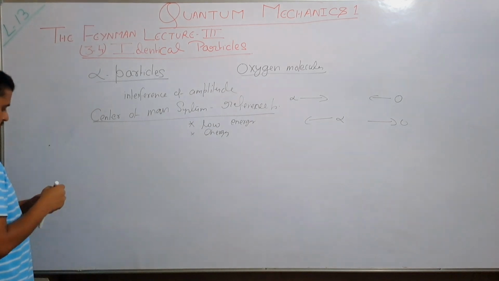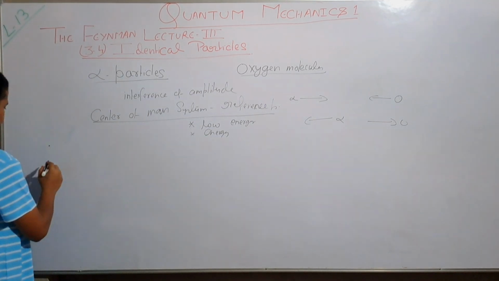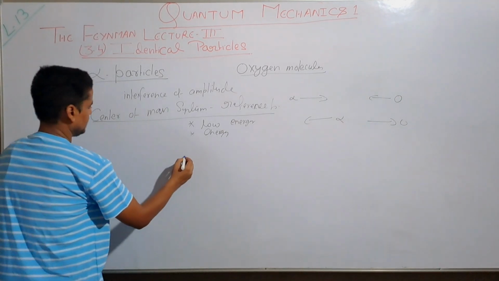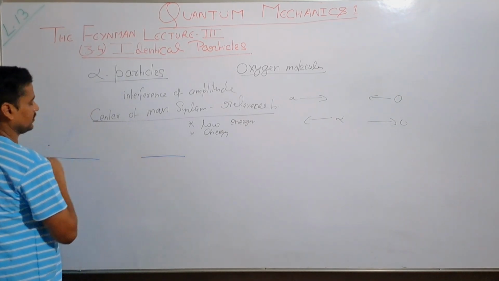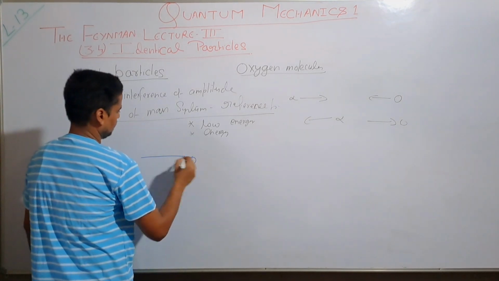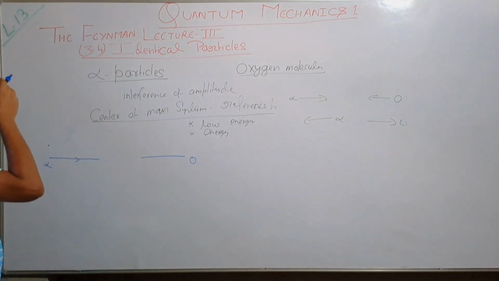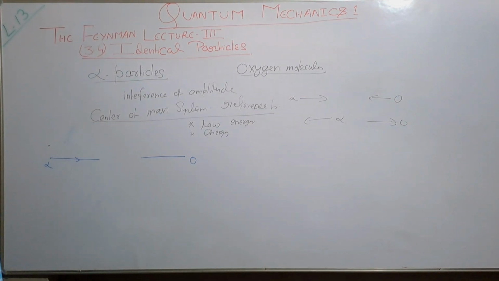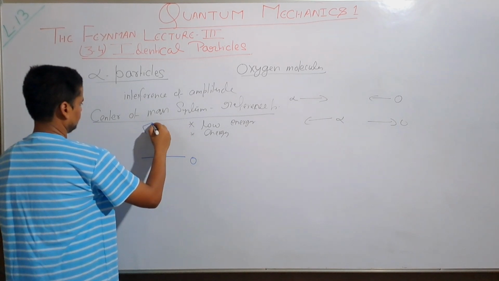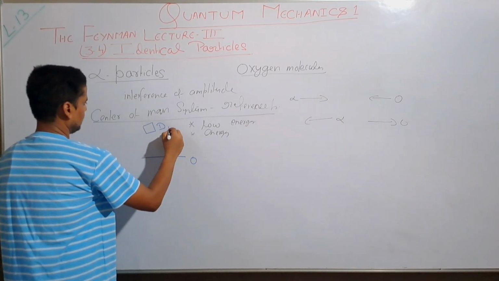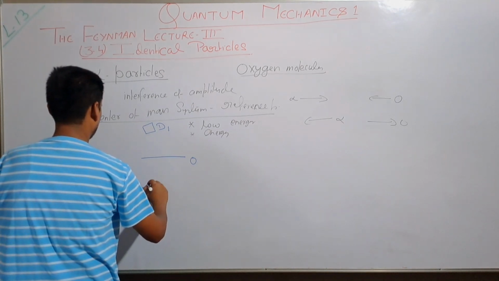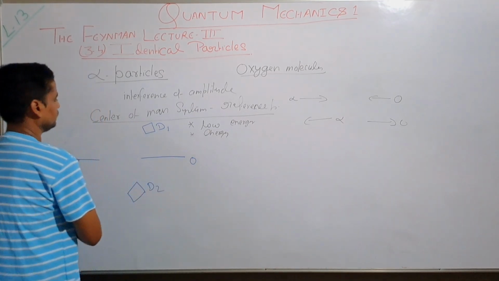Suppose this is the alpha particle, this is the oxygen molecule, and we have placed two detectors, detector D1 and detector D2.